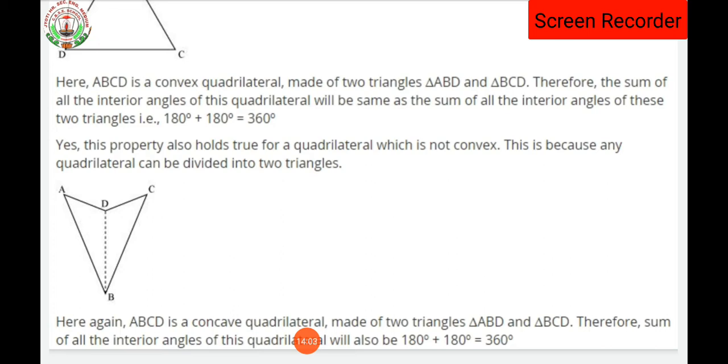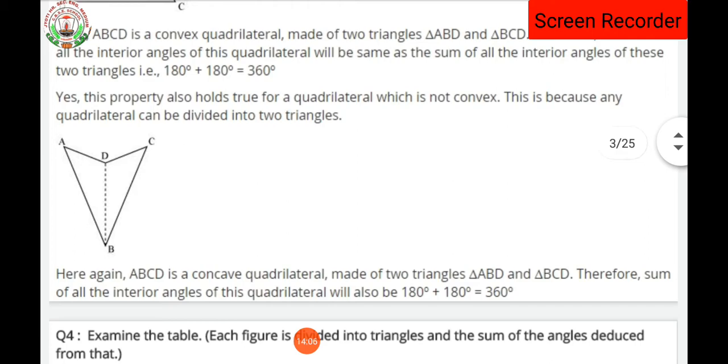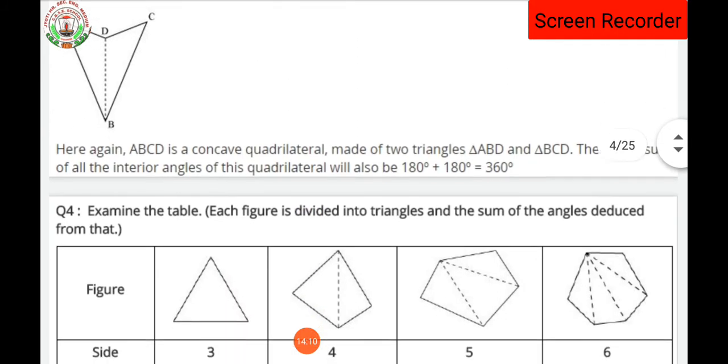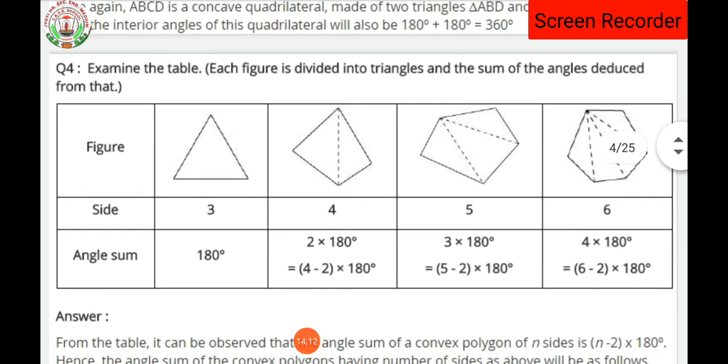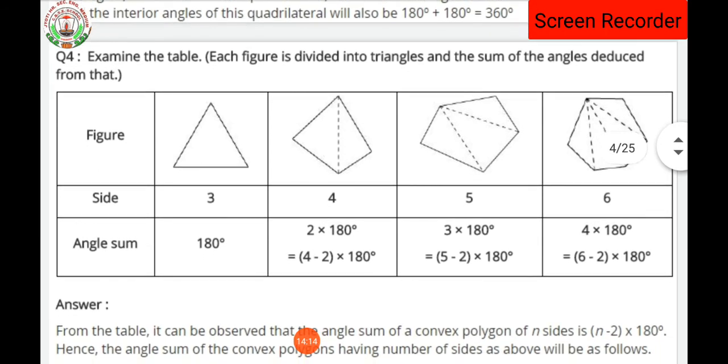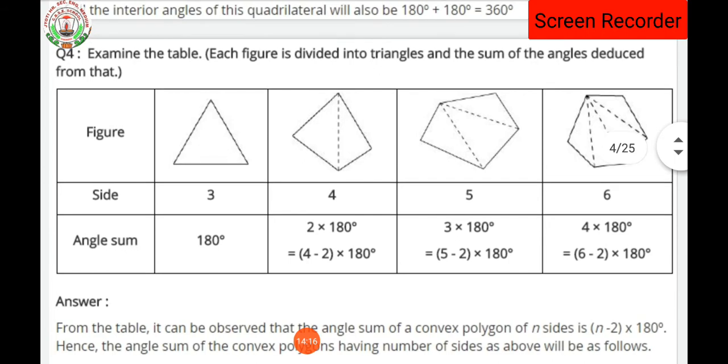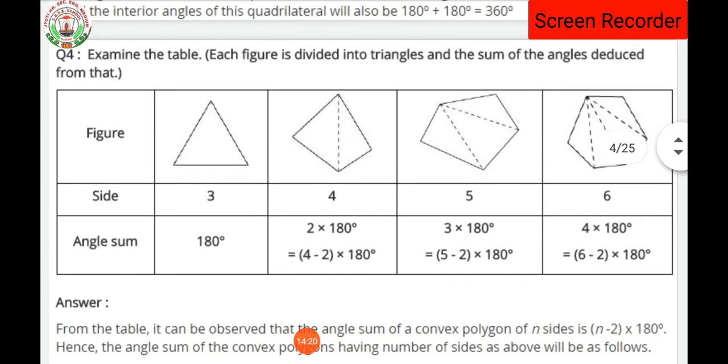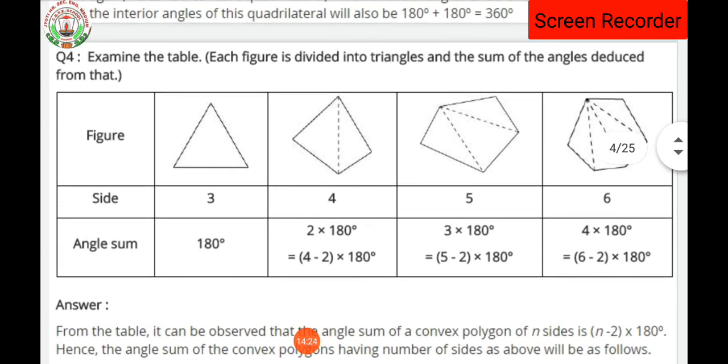Understood everyone? So here I have explained convex and concave both. Now the next question we have here, examine the table. You can see question number 4. Here a table is given. Each figure is divided into triangles and the sum of the angles is deduced from that.